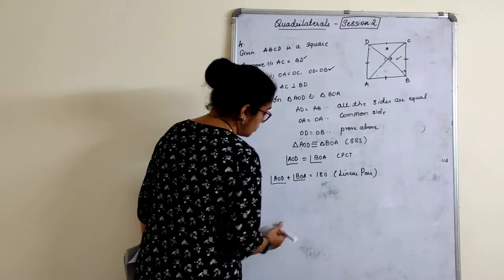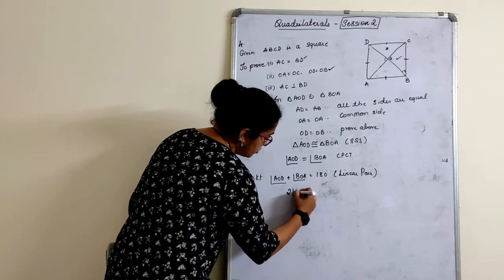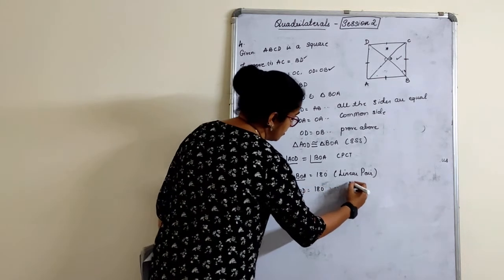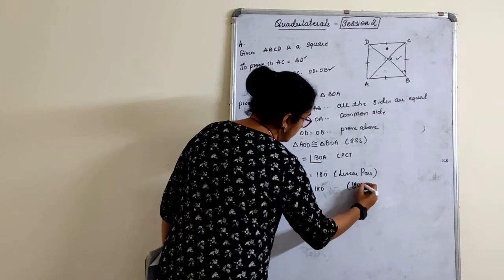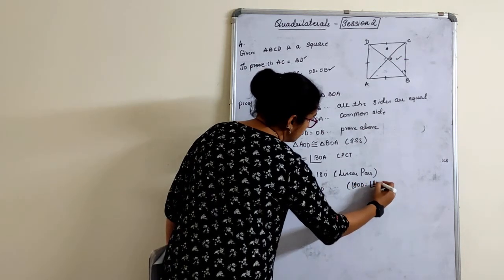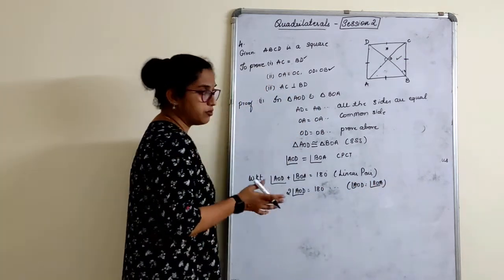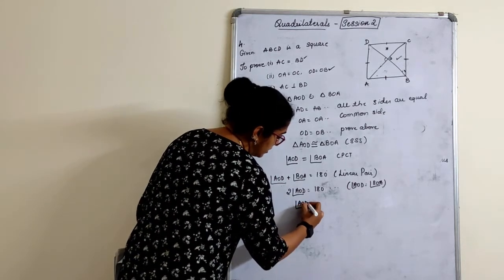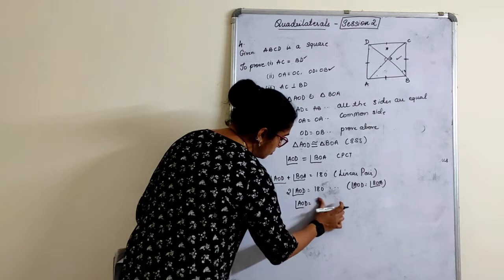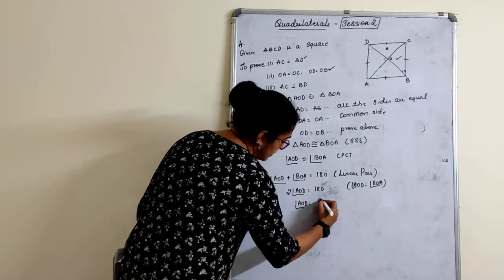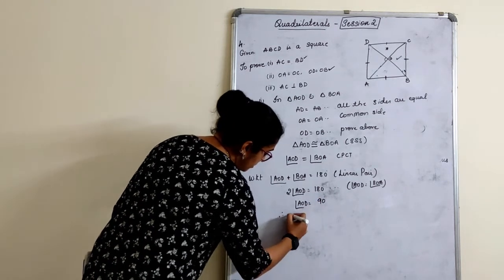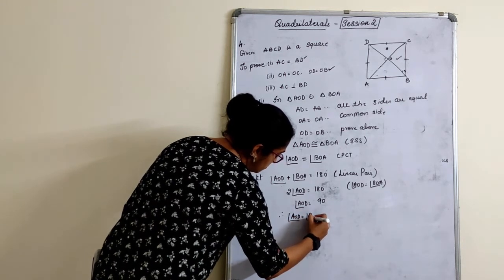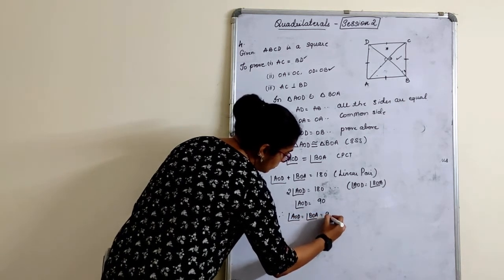But these two are equal. So 2 times angle AOD is equal to 180. Reason: angle AOD is equal to angle BOA. Everywhere you have to write the reason. Angle AOD is equal to 180 by 2, so it is 90. Therefore, angle AOD is equal to angle BOA is equal to 90.